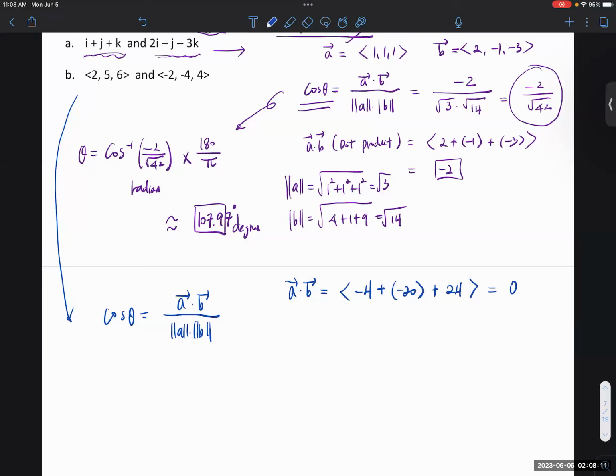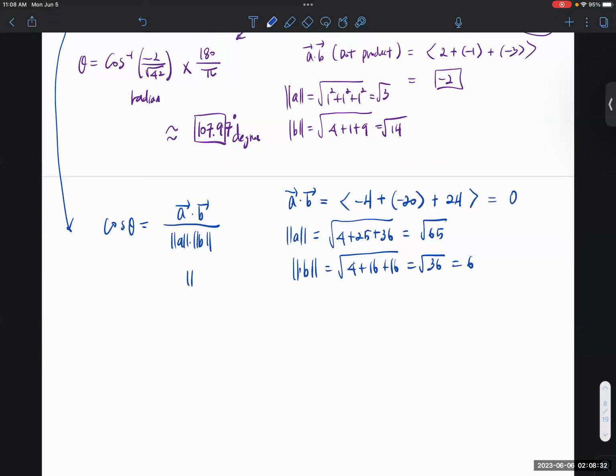That's okay. And then A magnitude, we have 4 plus 25 plus 36, which is 65. B magnitude, I have a 4, 16, 16. So you should get 36, which is a 6. So this one will be 0 over radical 65 times 6.